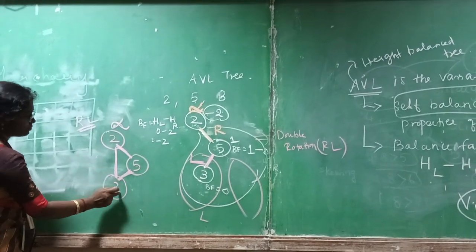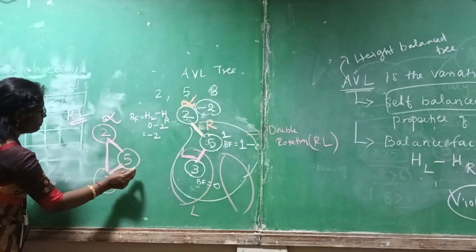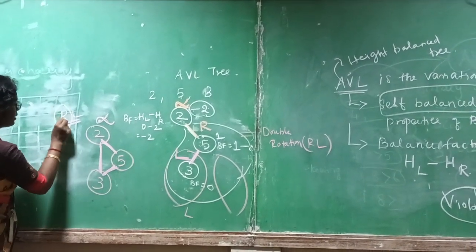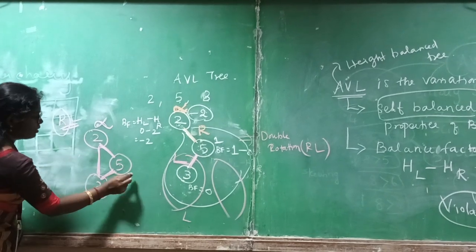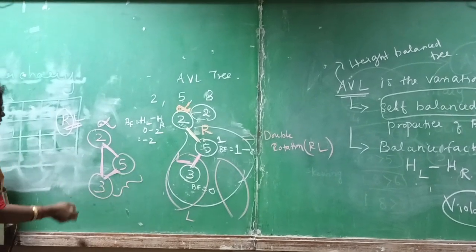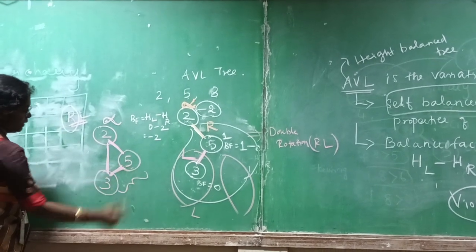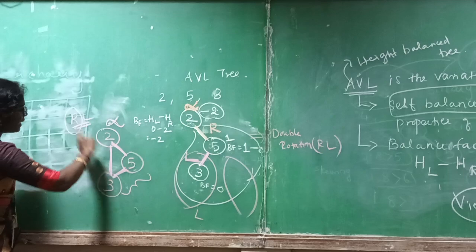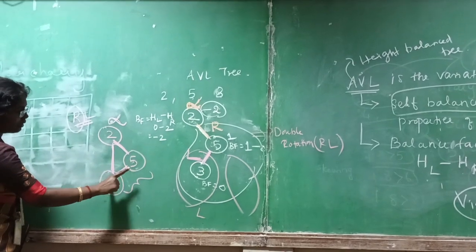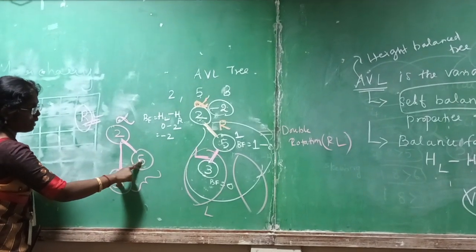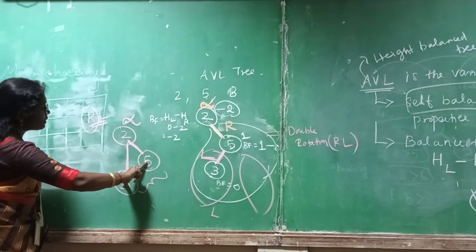Now, here perform single right rotation for the lower level elements. That means you do right for the lower level elements. See, if I rotate right, here I am having 3, in this figure I am having 5. I am going to perform right.